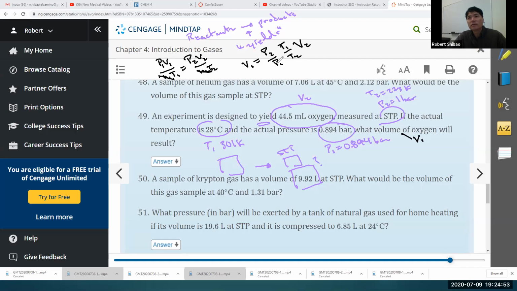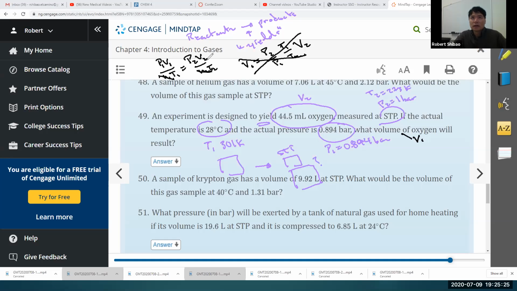That doesn't make sense. If the pressure goes up, the volume should go down. I think I screwed that up. Let me think about that. Oh, I see. Do you see this is backwards? If the pressure goes up, the volume should shrink. If the temperature goes up, the volume should expand. I got this backwards.